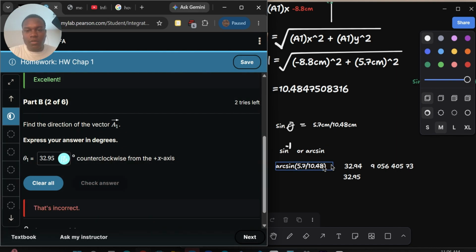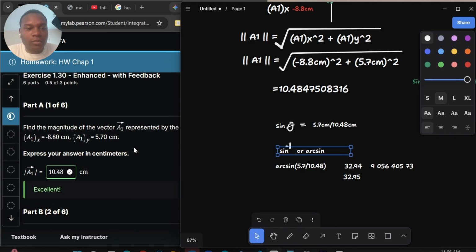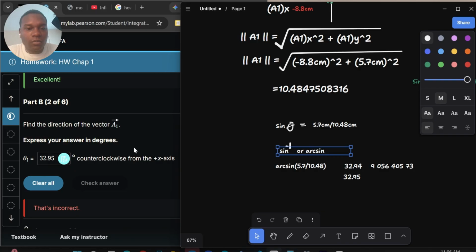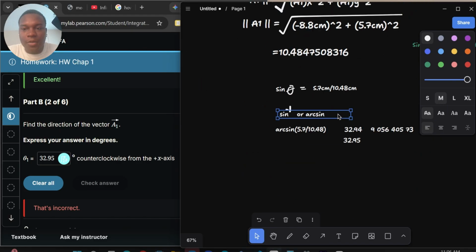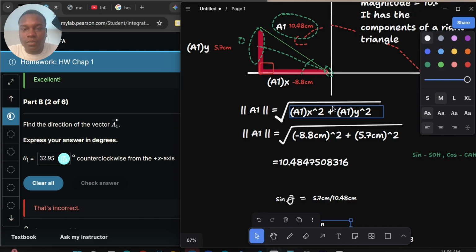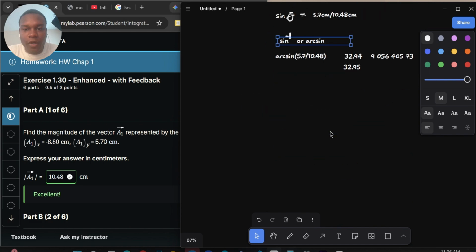No! Oh my god. Find the direction vector of A1. Where did I go wrong? It's opposite over hypotenuse, 5.7 over 10.48.